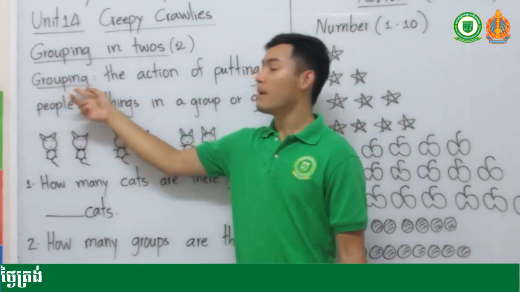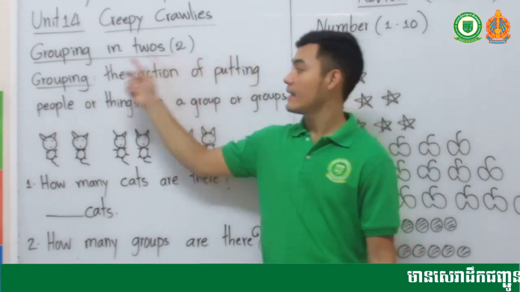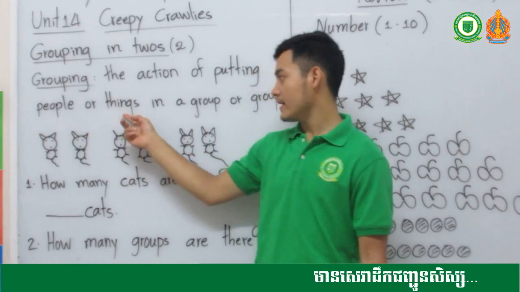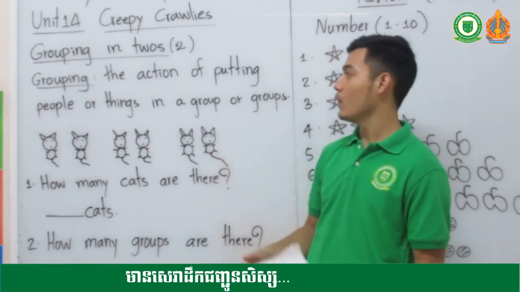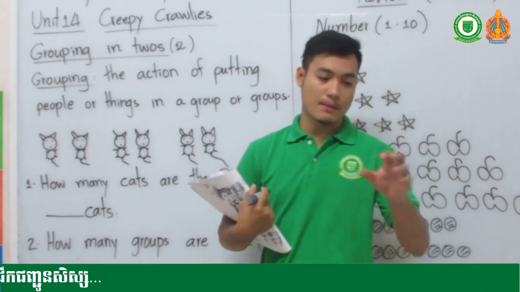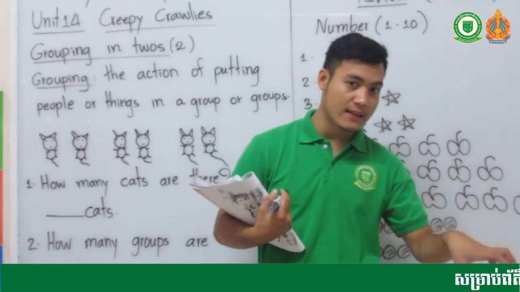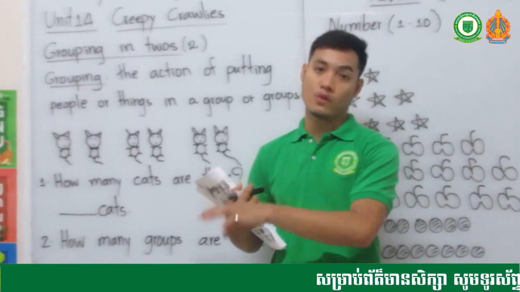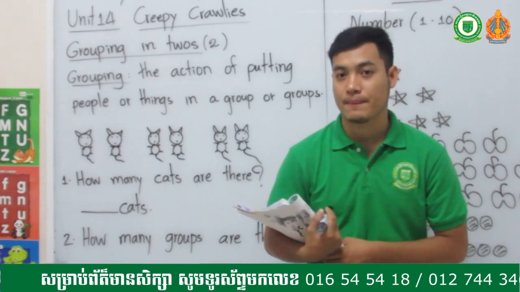The word grouping means the action of putting people or things in a group or groups. It is the way that we put people, objects or things in one group together or in many groups. This is the meaning of the word grouping.